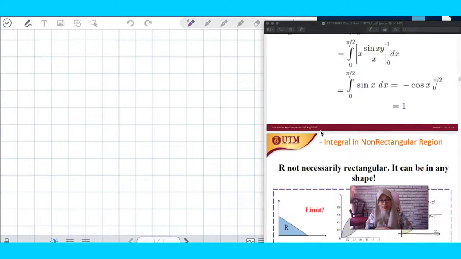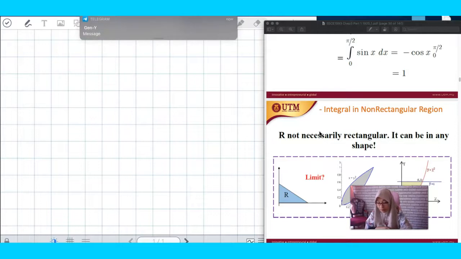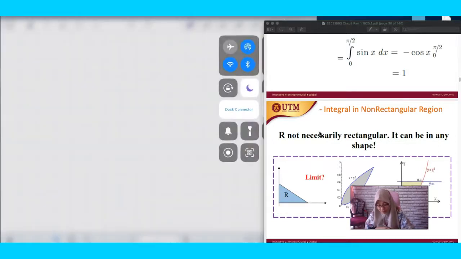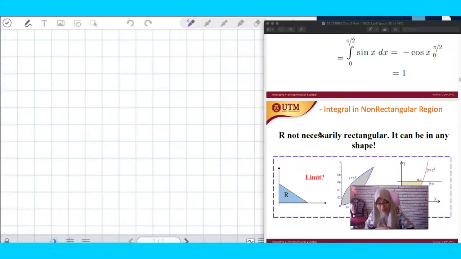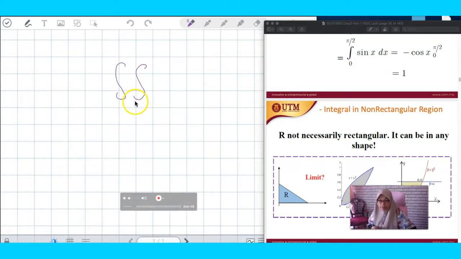Okay, so now we want to look at something more complicated, which means that our region is no longer a rectangular region. This means that at least one of the limits of integration, we got 4, right, is a function in terms of x or in terms of y.